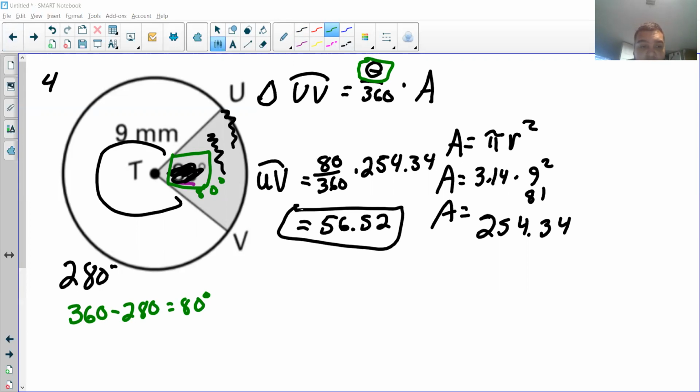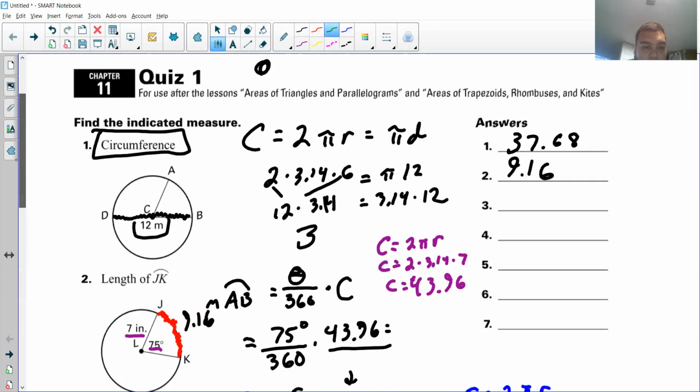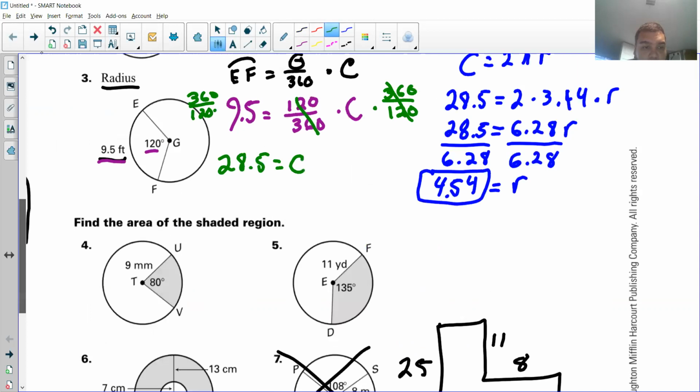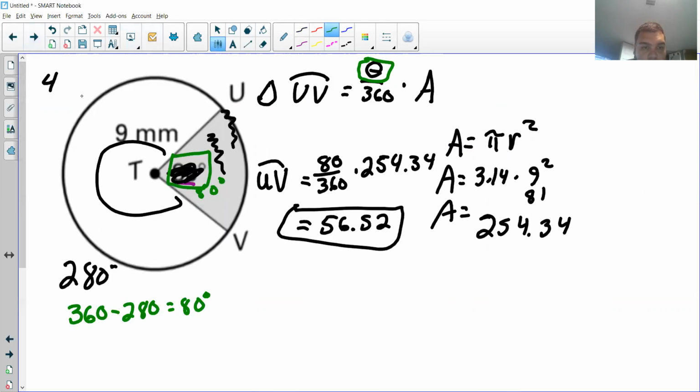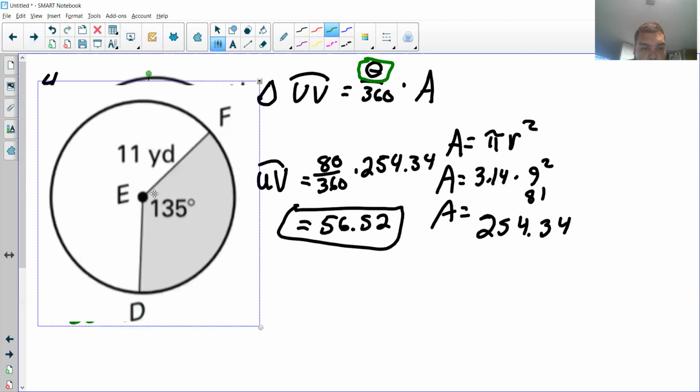Okay, I'm going to get the next one ready for us. Number 5. I'll just do it on the page.